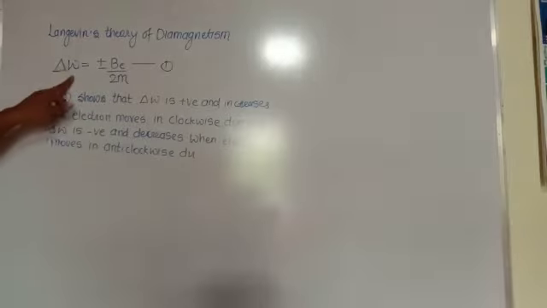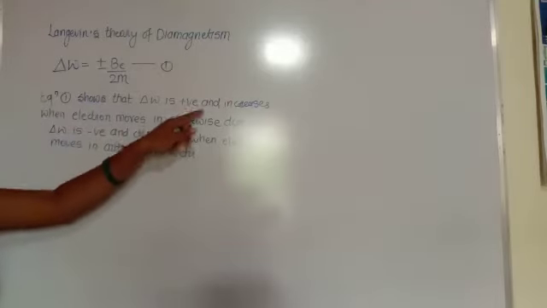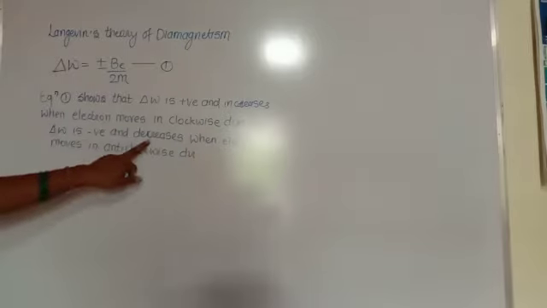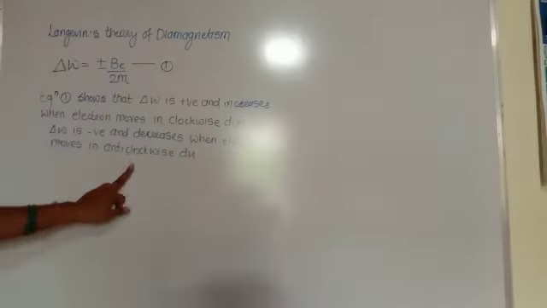So equation first is delta omega equals plus or minus B by 2m. This plus means delta omega is positive and increases its value when the electron moves in the clockwise direction, and delta omega is negative and decreases its value when the electron moves in the anti-clockwise direction.